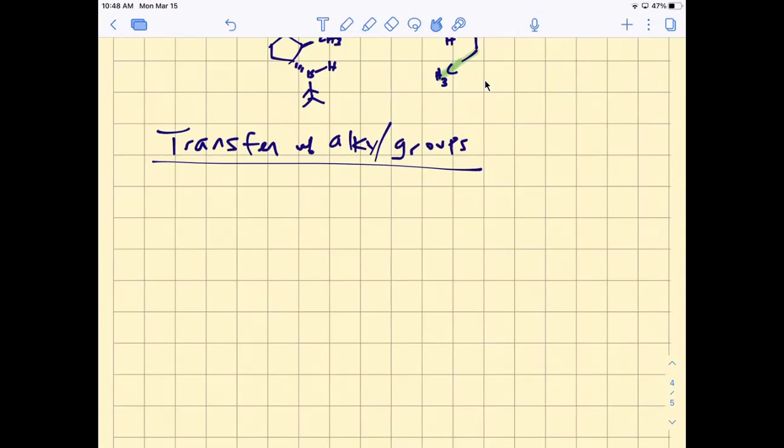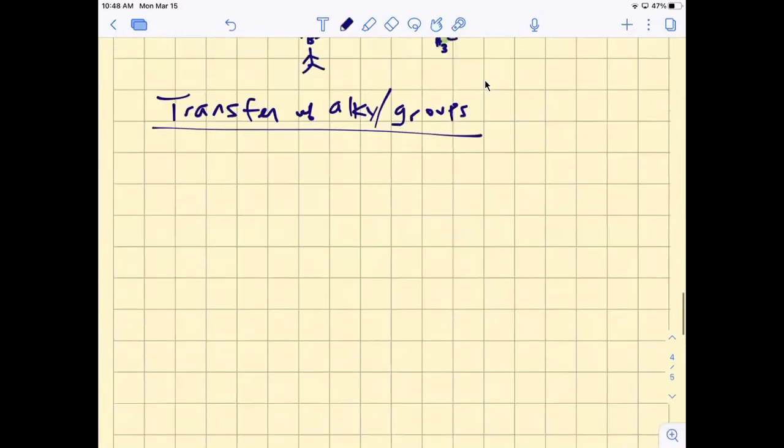So I can take this alkene, or alkyne, sorry, and I could treat it with this borane with the thexyl group here, right?